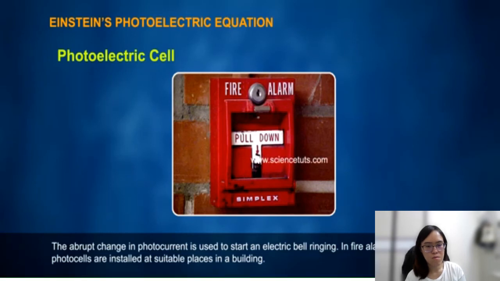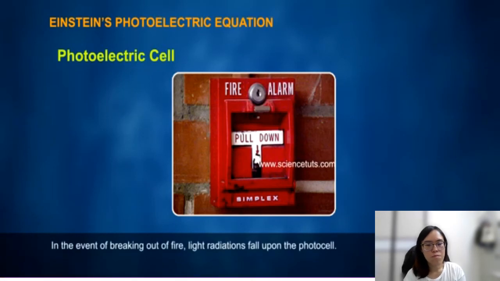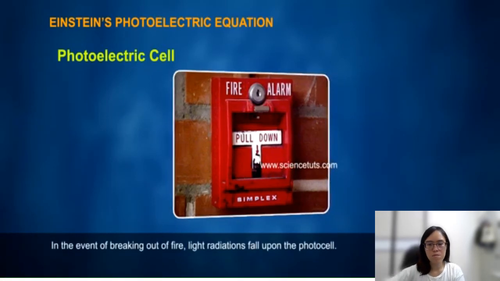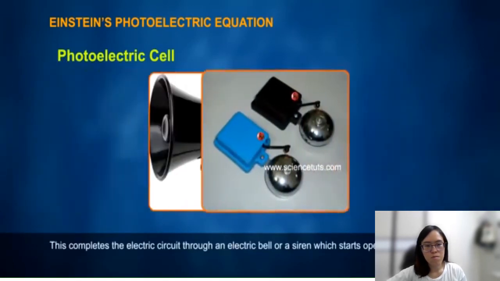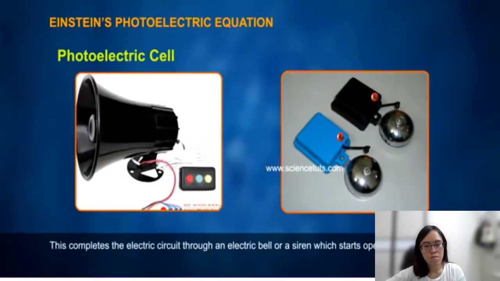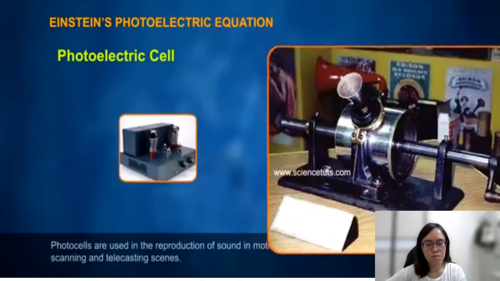In a fire alarm, a number of photocells are installed at suitable places in a building. In the event of a fire breaking out, light radiations fall upon the photocell. This completes the electric circuit through an electric bell or a siren, which starts operating as a warning signal.